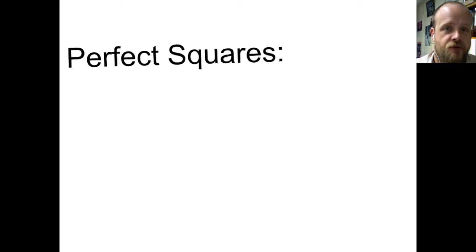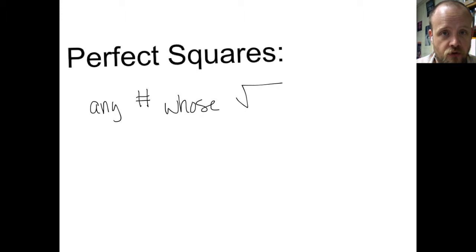Perfect squares. What is a perfect square? Well, a perfect square is a pretty simple idea. It's just this: any number whose square root or radical will result in a whole number.